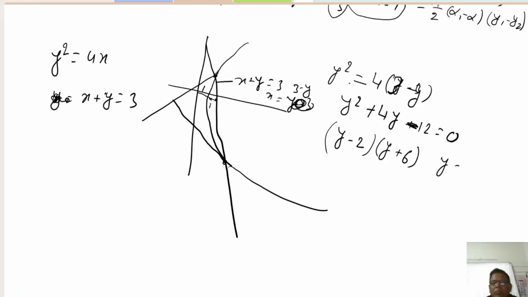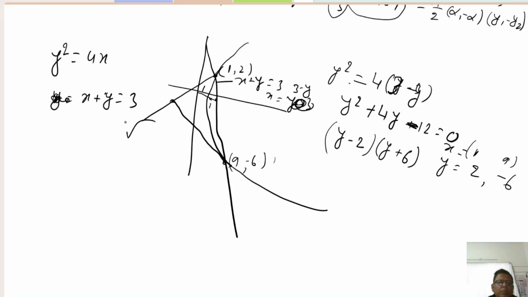Then y is equal to 2 and minus 6. So x will be, if we put y is equal to 2, x will be 1, and if we put y is equal to minus 6, then x will be 9. So here the coordinate is 1, 2, and here the coordinate is 9, minus 6.